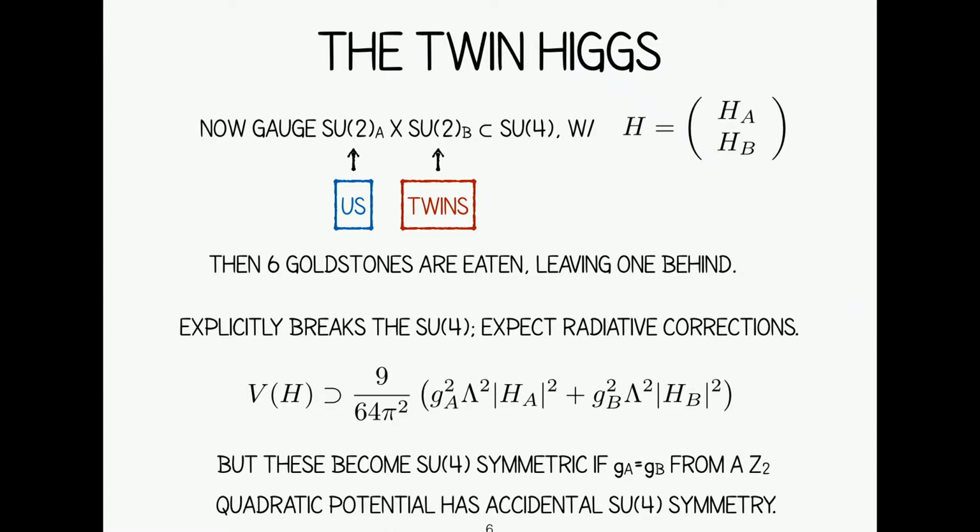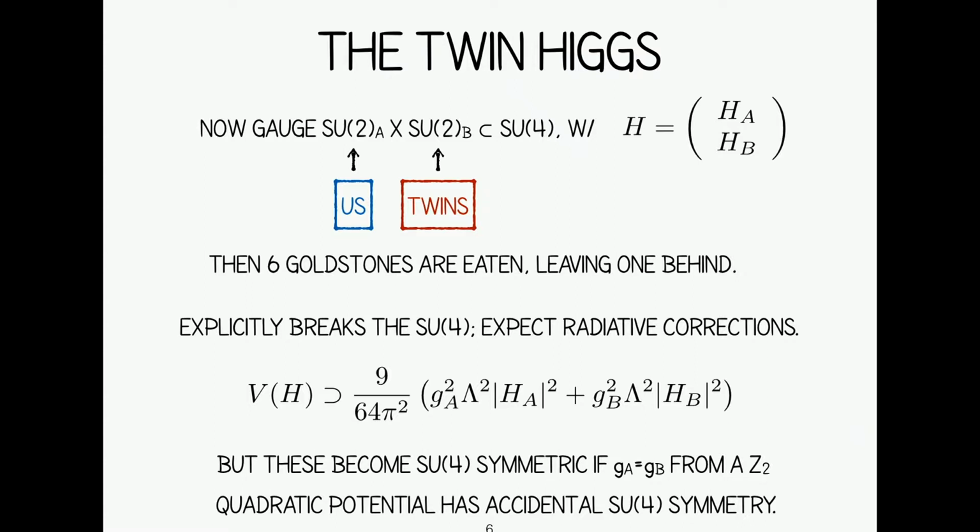You could also think, for example, of the standard model SU2 cross U1 as gauging parts of the global symmetries of the fermions. So just imagine gauging an SU2 cross SU2 subgroup of the SU4. In some basis, I can take my original scalar H that was a fundamental of the SU4 and write it as a doublet under the first SU2, which I'll call HA, and a doublet under the second SU2, which I'll call HB.